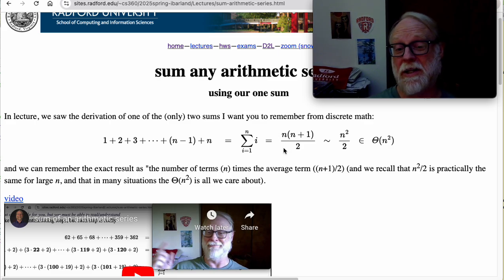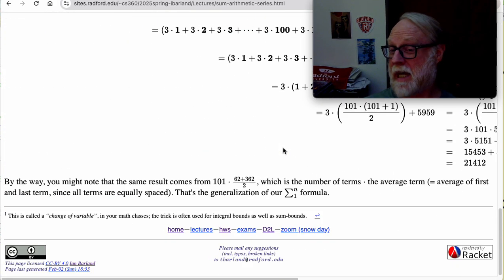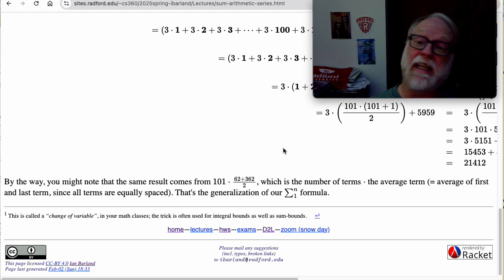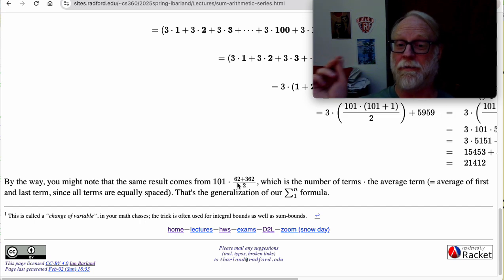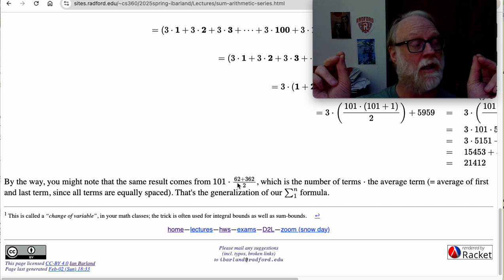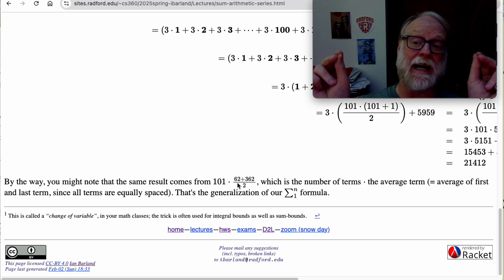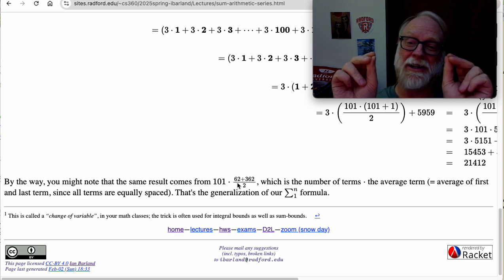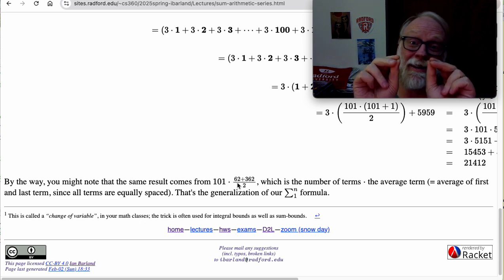So why is that the sum of an arithmetic series? Is there some explanation? Yeah. What is the average term? It turns out the first term plus the last term divided by 2 is the average of the first and last term. But since the terms are equally spaced, that's also the same as the average of the second term and the second to last term, and the third term and the third to last.